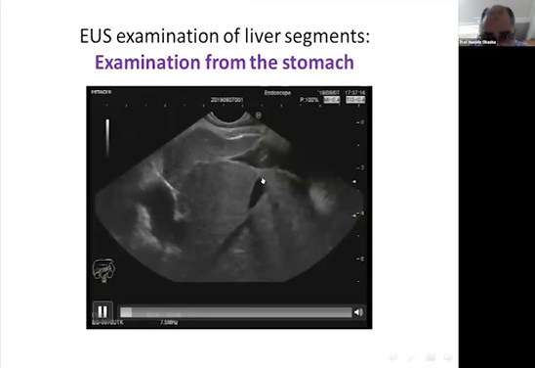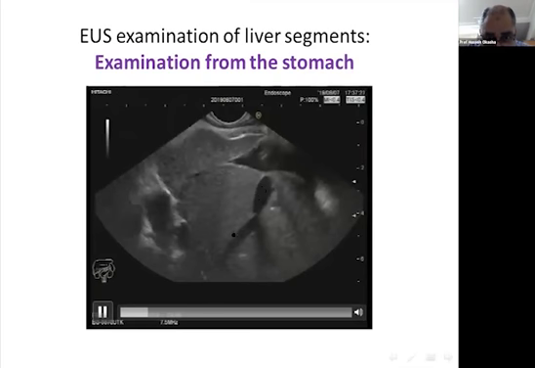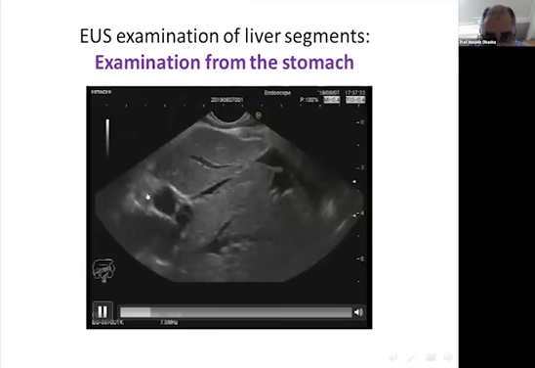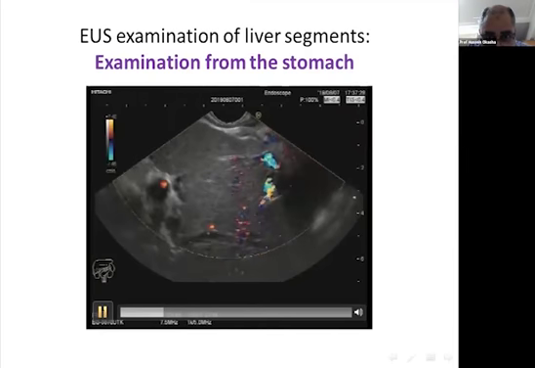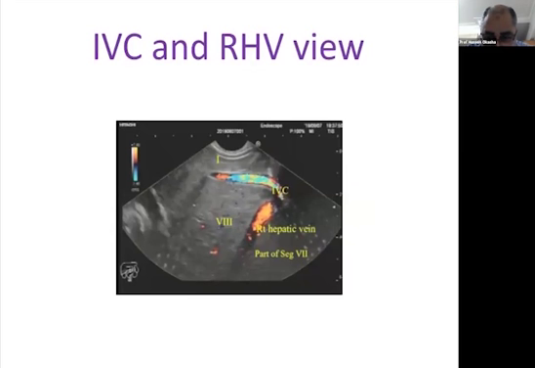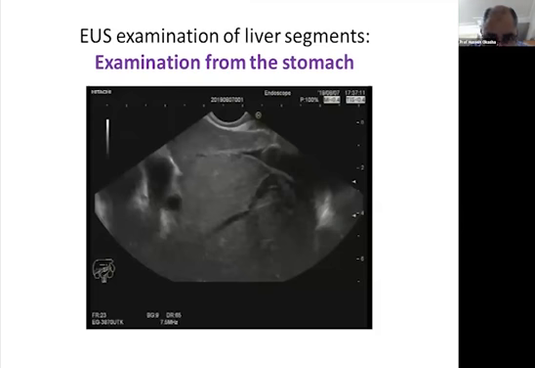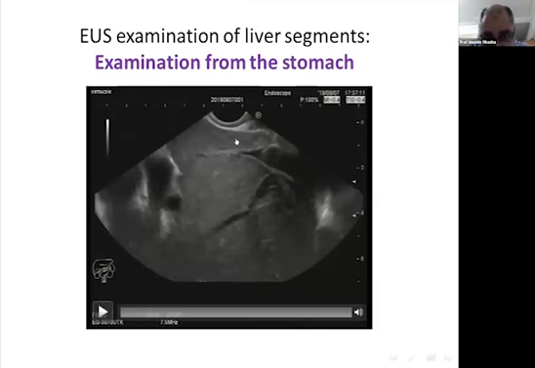The widest diameter is at the inferior vena cava, and there is gradual sloping as we go inside the liver, and this is the portal vein. Here we can identify nicely three segments of the liver.